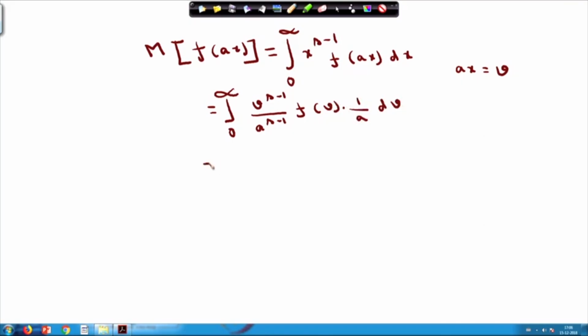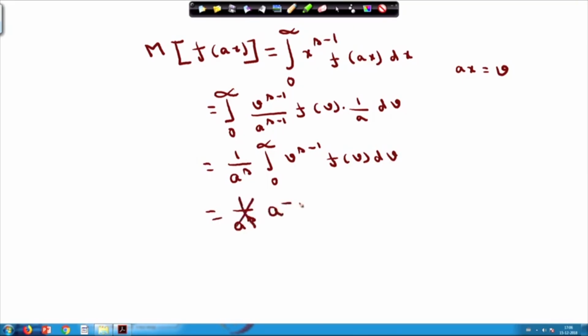This equals 1 by a to the power s, integral from 0 to infinity of v to the power s minus 1 into f(v) dv, and this integral is nothing but the Mellin transform of the function f.